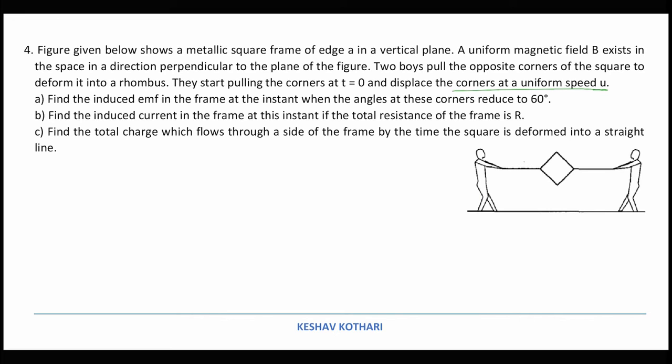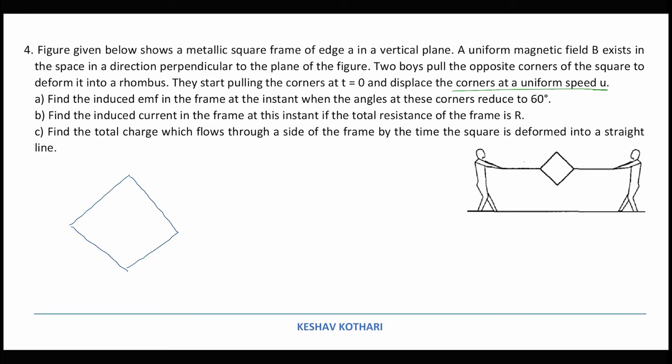So let us draw a diagram to understand this problem first of all. This is the square which we are talking about, which in turn is going to be converted into a rhombus such that the side is going to form an angle of 60 degrees.